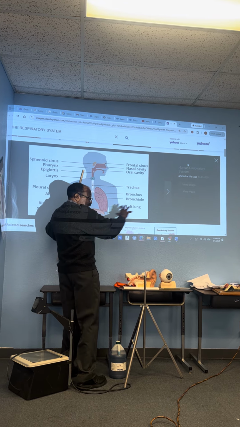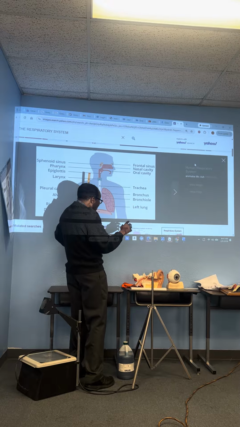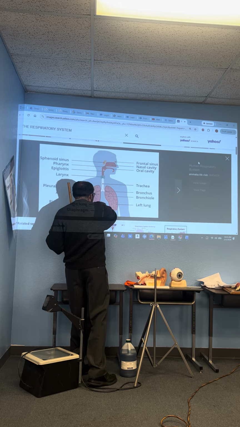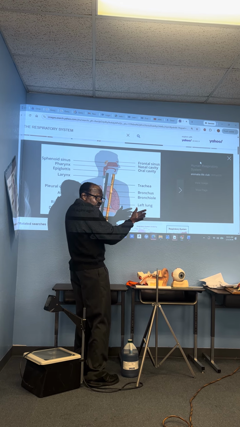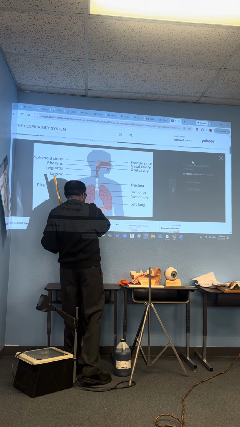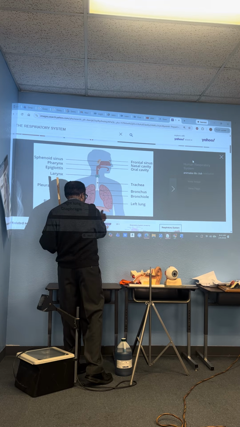If it relaxes, it cannot go outside. So if it becomes longer when relaxing, it can only bend upward like this. And when it shortens, it can only come flat like this. So the diaphragm moves like a dome shape when it relaxes, and when it contracts, it goes flat.